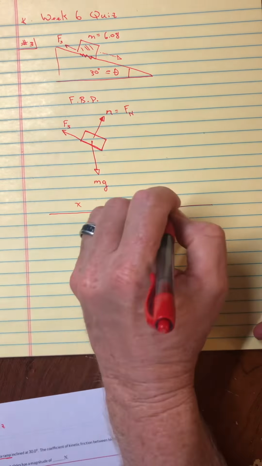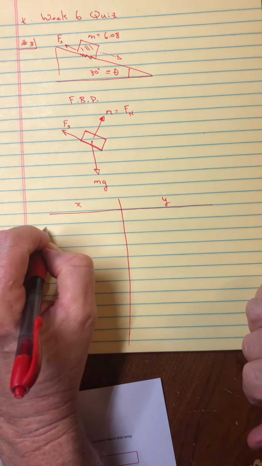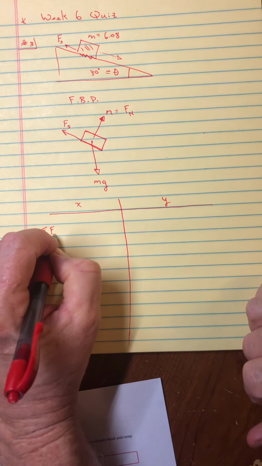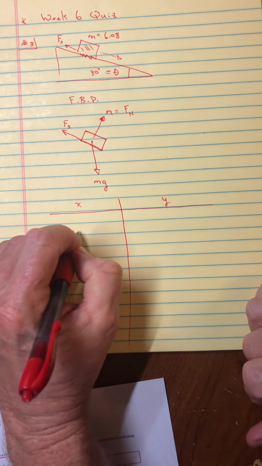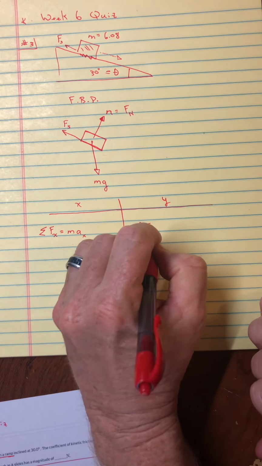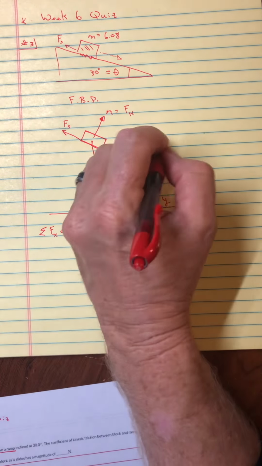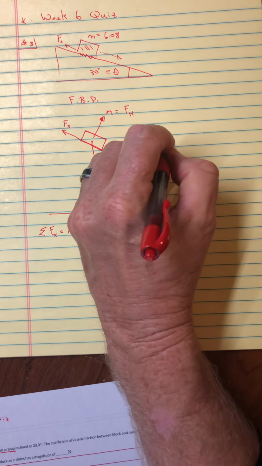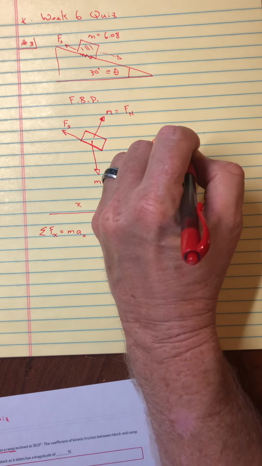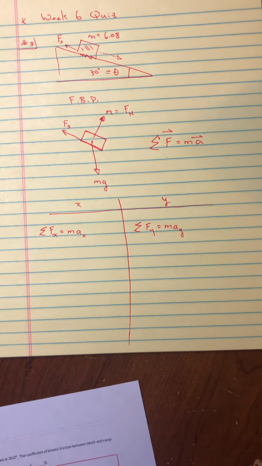I like to divide my paper in 2 and put an X and a Y. The reason I say equations is plural is because the sum of all the forces has to equal mass times acceleration, but that's a vector equation. We wrote it like this: the sum of all the forces vector equals mass times acceleration vector. The point is that it has 2 pieces, an X and a Y component.